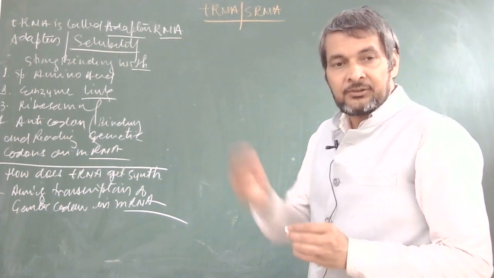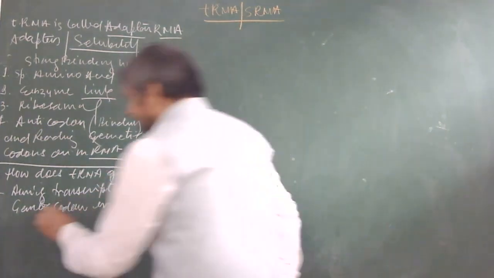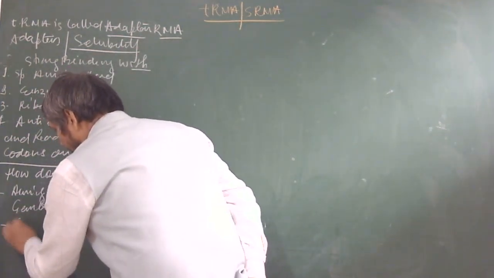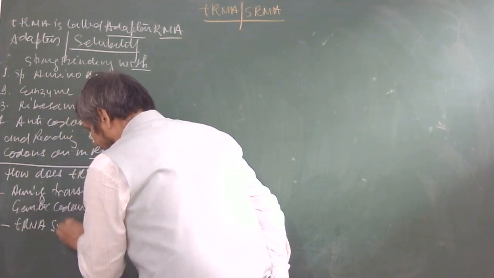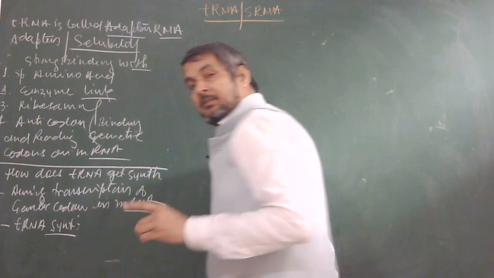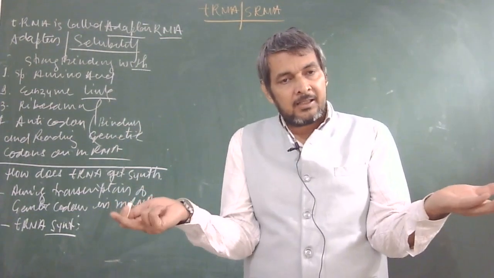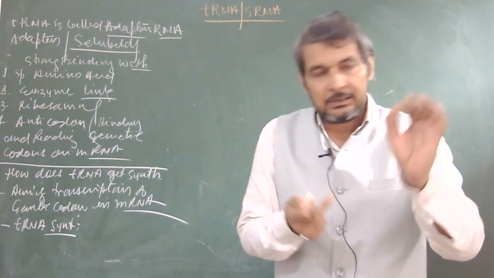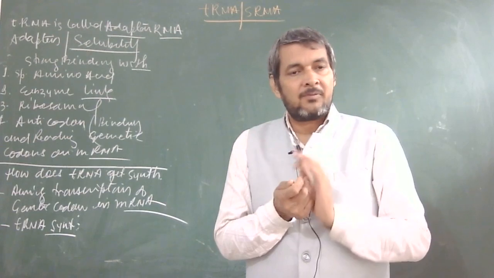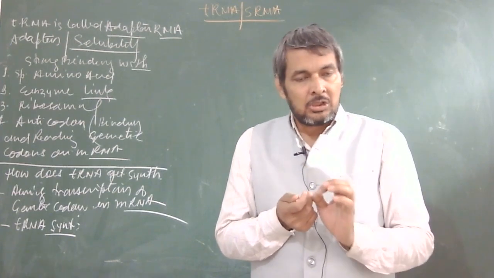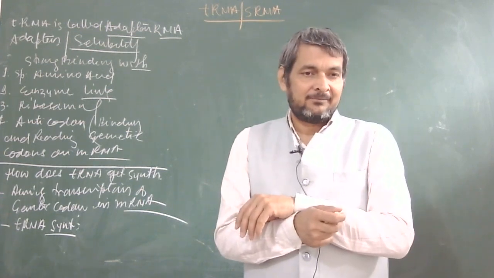What happens? Transfer RNA is synthesized meantime. Suppose 64 genetic codes have been transcribed in the form of mRNA on the DNA template. Then there will be the possibility of 64 transfer RNA.